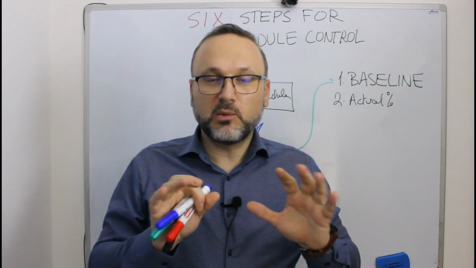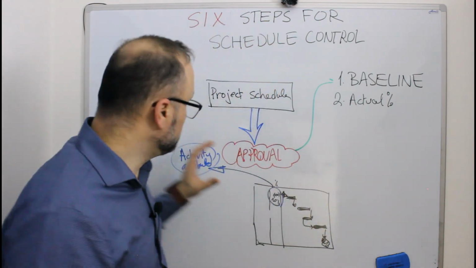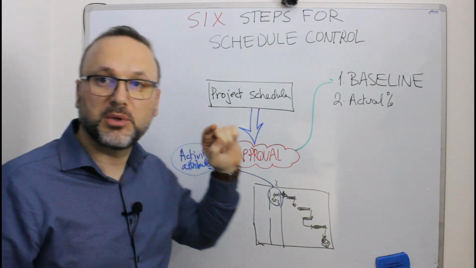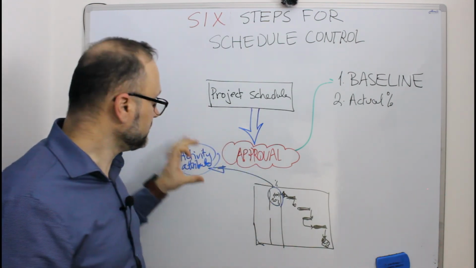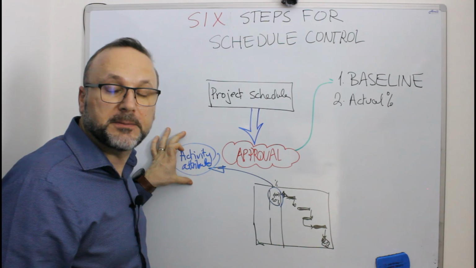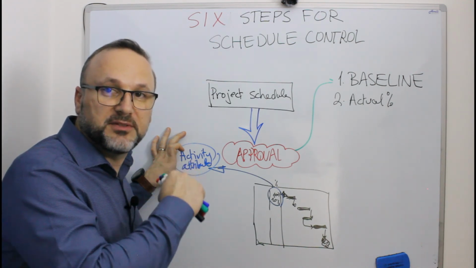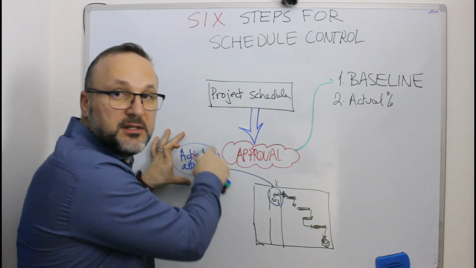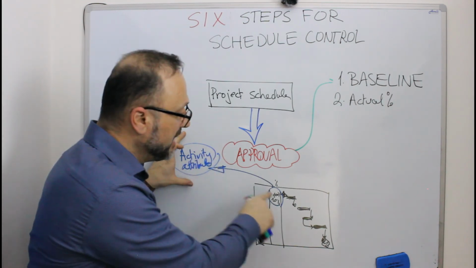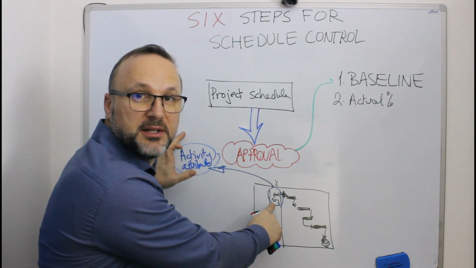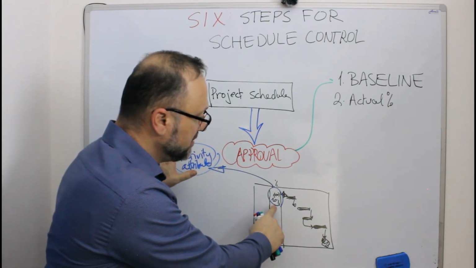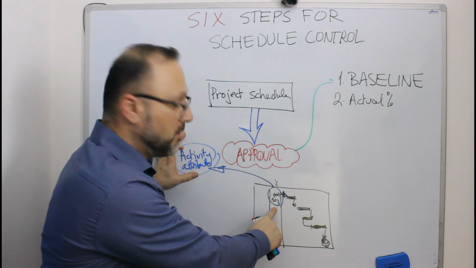So always be careful. Go back to activity attribute, check the value of the activity, of the sub activities required to be done, and then you put the proper percentage. You estimate the proper percentage completed.